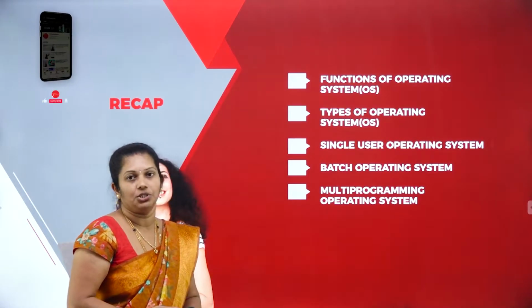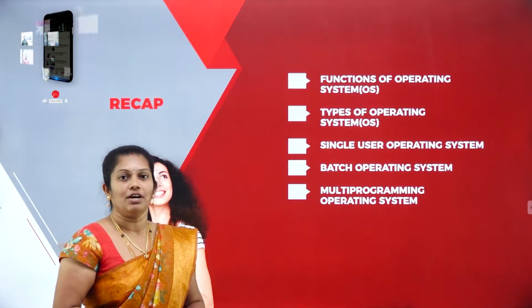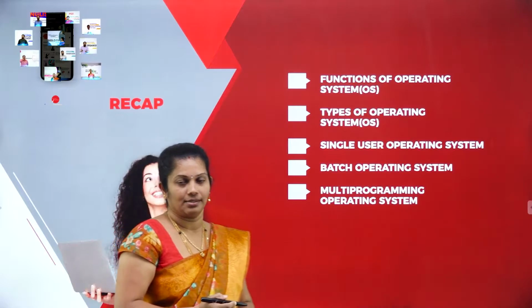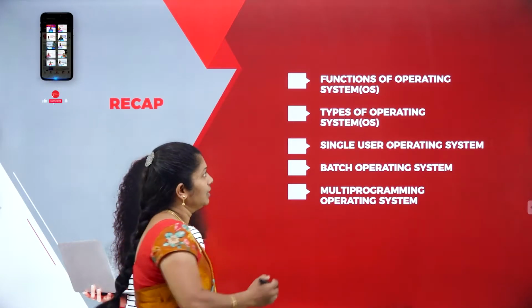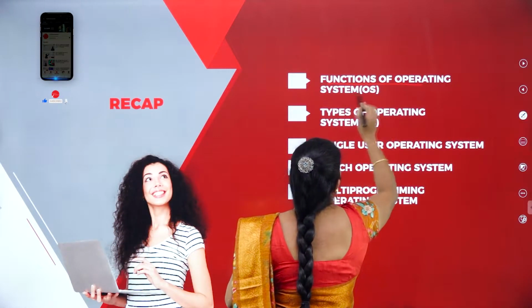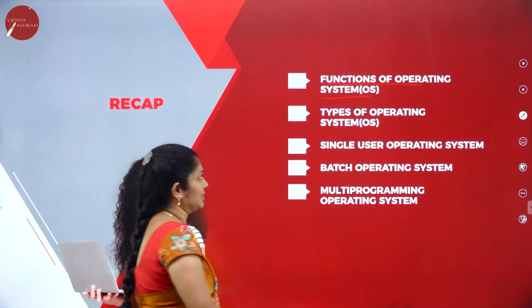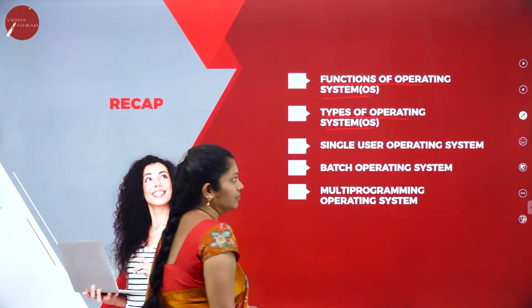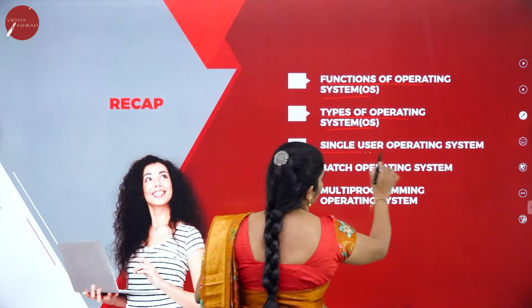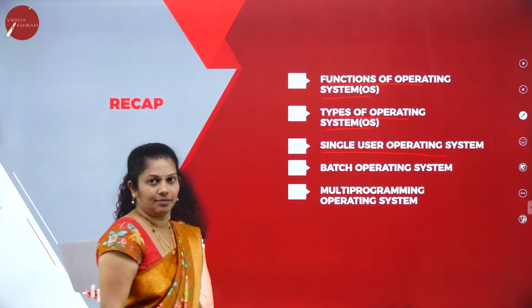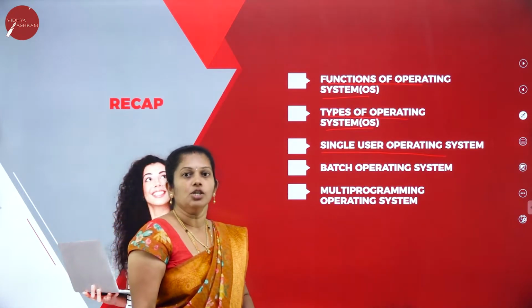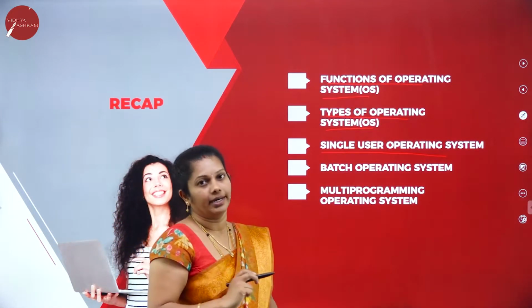In the previous session, you came to know regarding the functional operations of an operating system, that is the functions of operating system, then which are the different types of operating system. Under that, you have studied single user operating system, where only one user can work at a time.